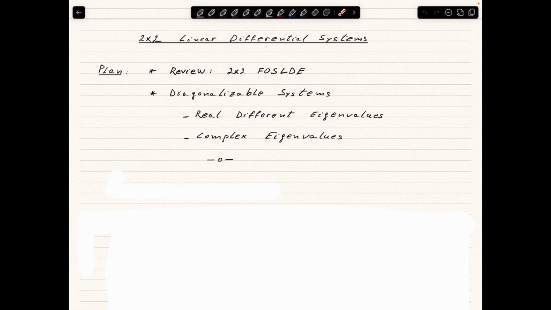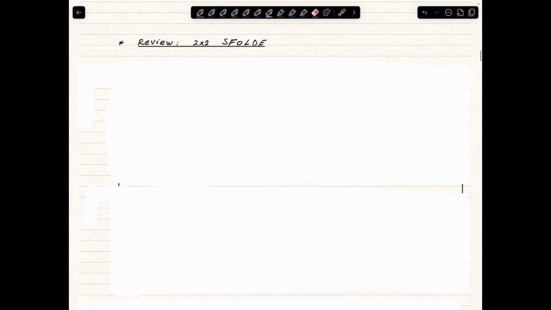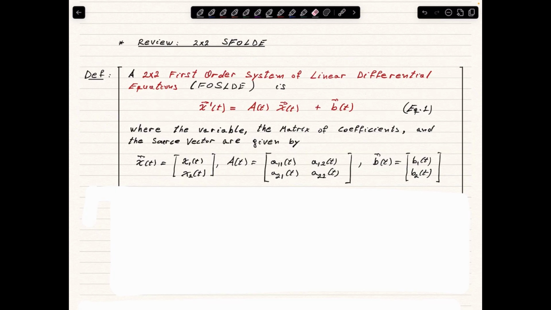Let's start with the main definitions that we need today. For example, what is a 2x2 system of first order linear differential equations? Well, here it is. A 2x2 first order system of linear differential equations is an equation of this form, where we have put all our variables in the vector x.